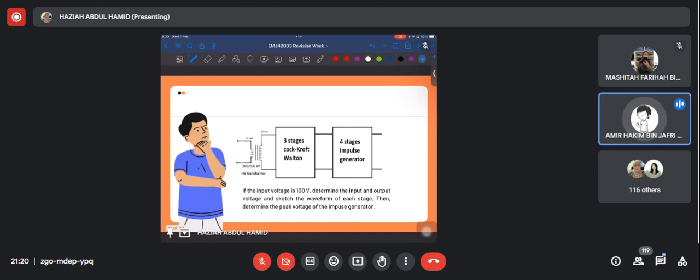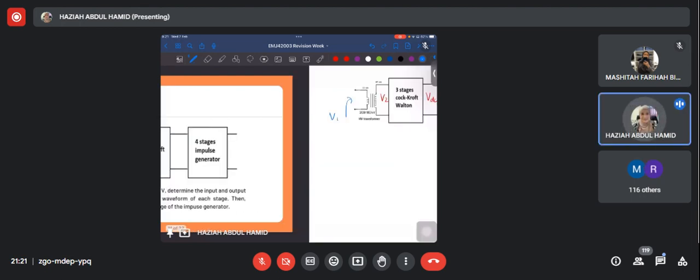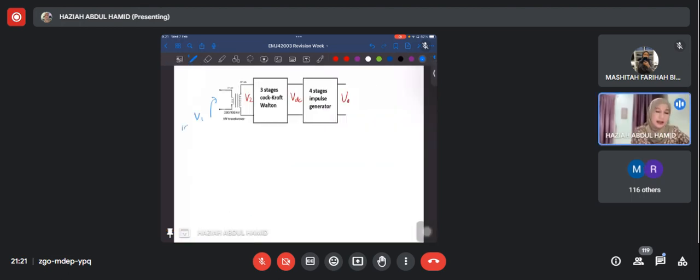Tengok sini, input voltage berapa? 100. 100 volt. So yang lain-lain saya tak bagi, tapi saya nak you dapatkan what is the input and output voltage for each stage. Ada 3 stage. What is the input and output?